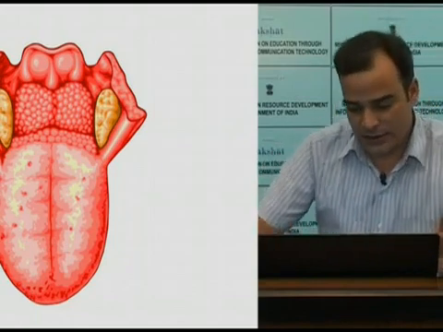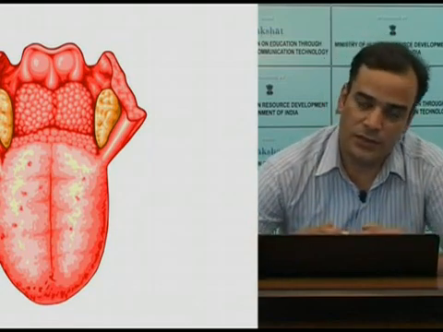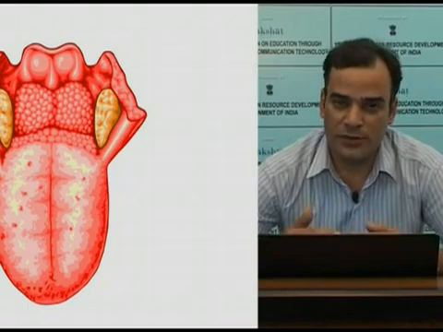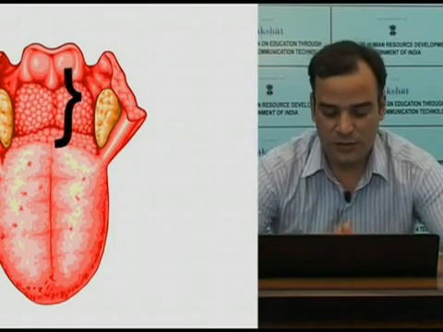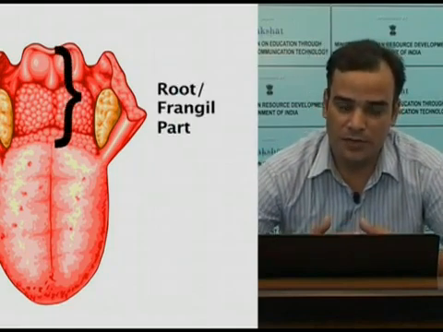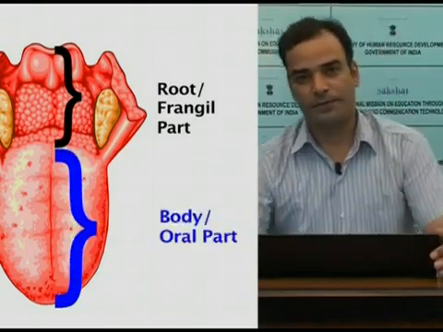The tongue is situated in the floor of the mouth and can be divided into 2 portions. The portion of the tongue that lies in the posterior of the mouth is called the pharyngeal part, and the part of the tongue that lies in the mouth is called the oral part.